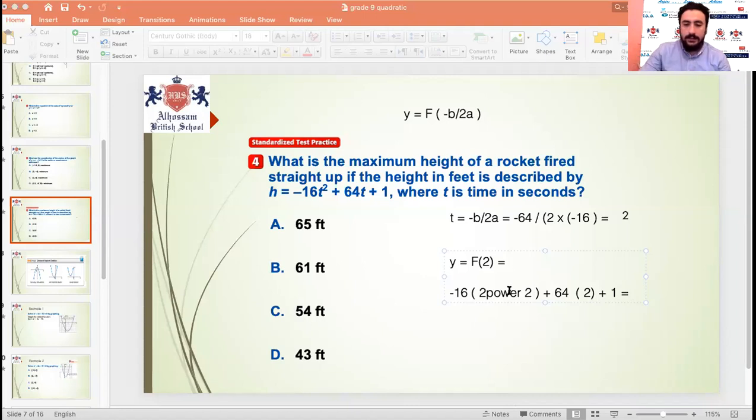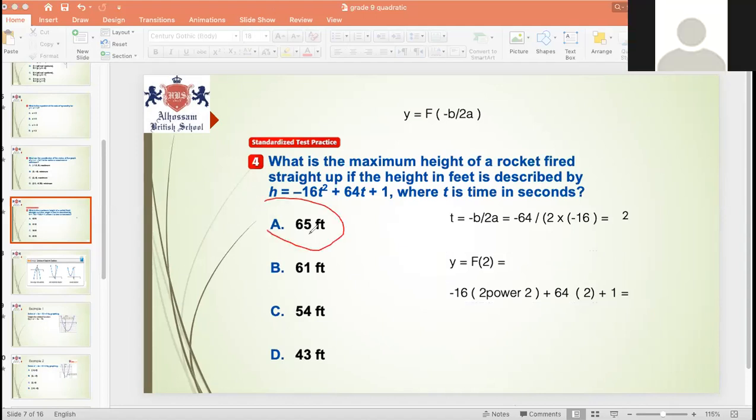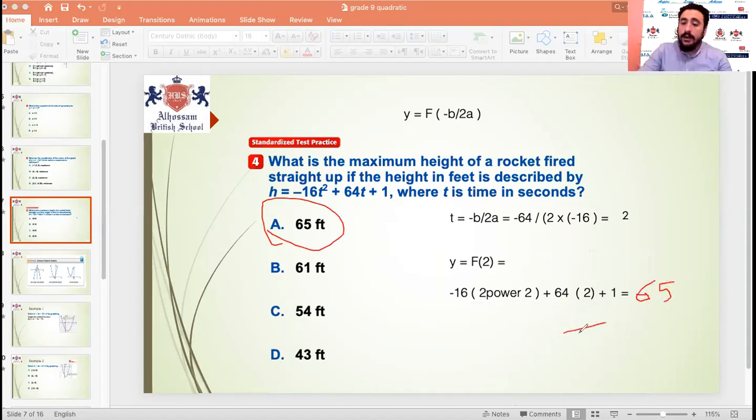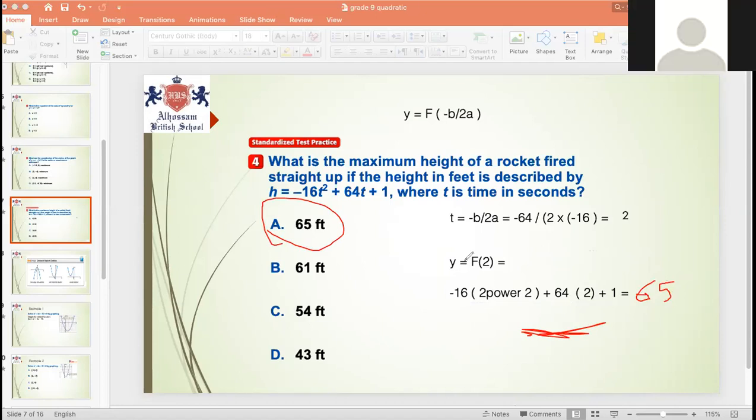So it's negative 64 plus 128 plus 1, which is 65. So the answer is 65. Do you get this?